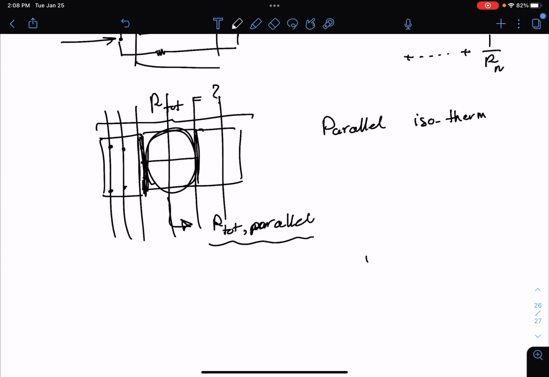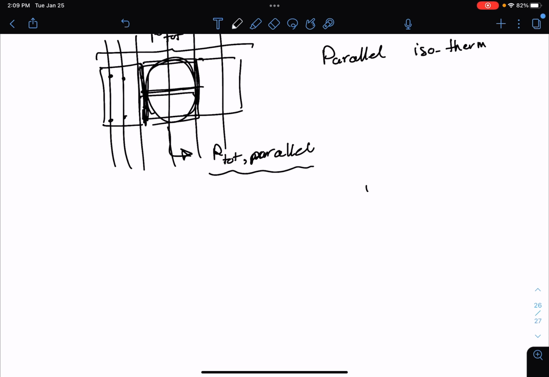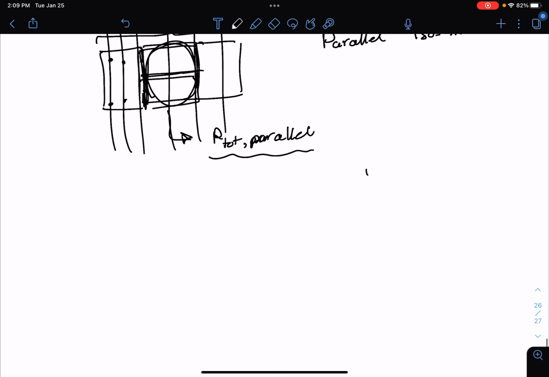But if that was not the case, because this is a huge assumption, right? We have two composites. It's a two-layer wall. Obviously, temperature in reality is not the same, unless the conductivities are very close to each other, right? If that was the case, we can make another assumption, and that assumption is parallel adiabats.